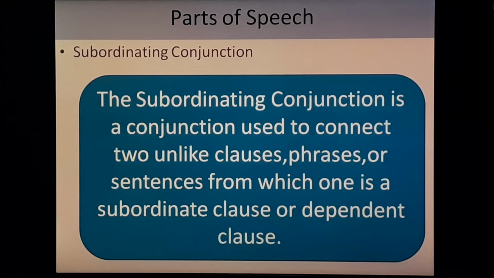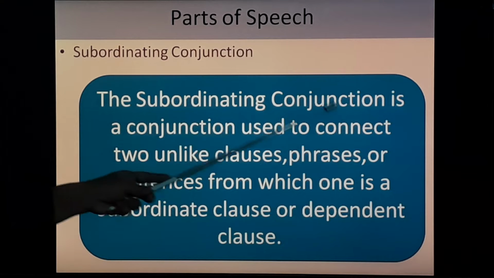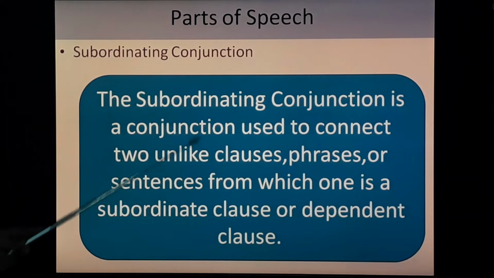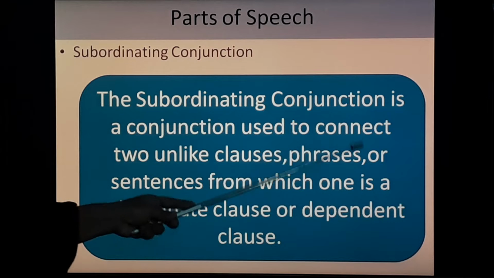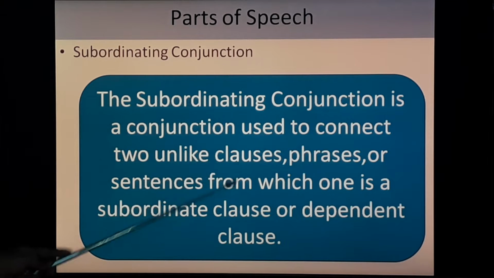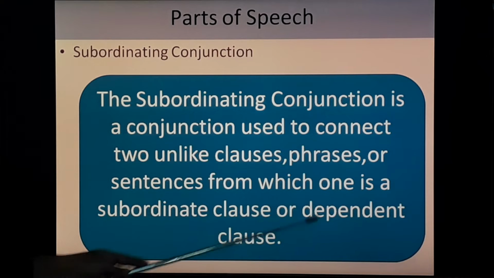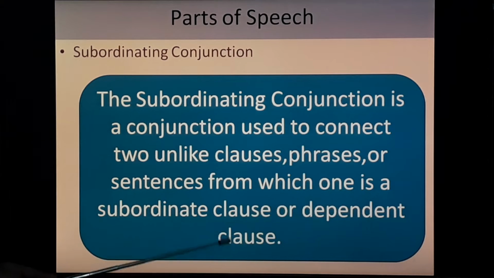Let's see the definition of subordinating conjunction. A subordinating conjunction is a conjunction used to connect two unlike clauses, phrases or sentences, of which one is a subordinate clause, or you can say dependent clause.